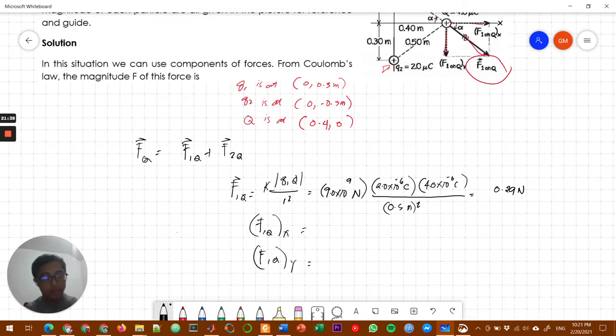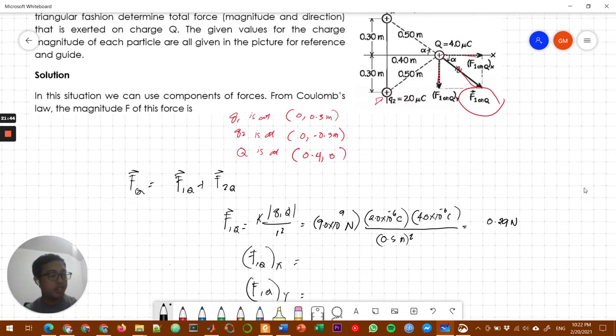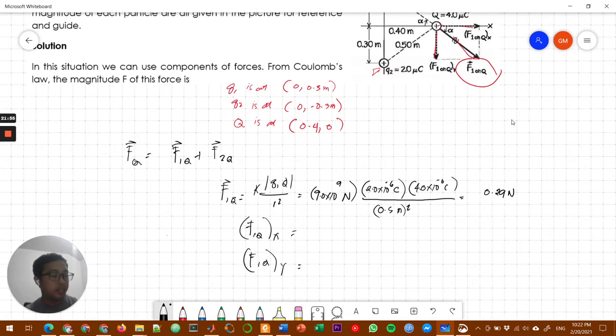If you review your trigonometry, this angle here is alpha. You can see the cursor of the mouse. You can ask me later if you need to review your trigonometry. That's SOH-CAH-TOA.